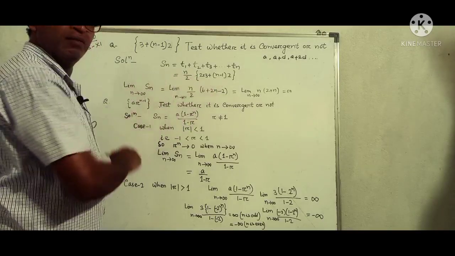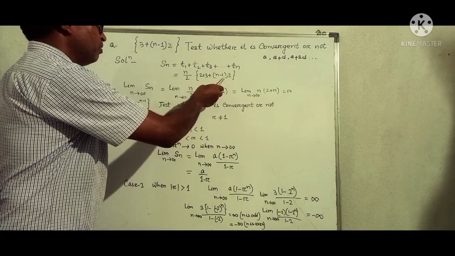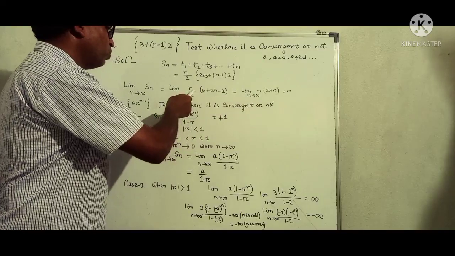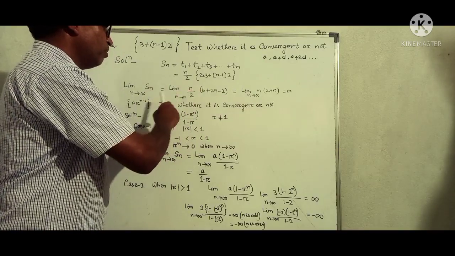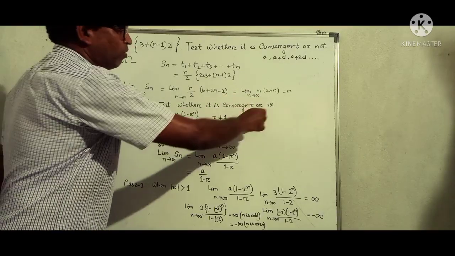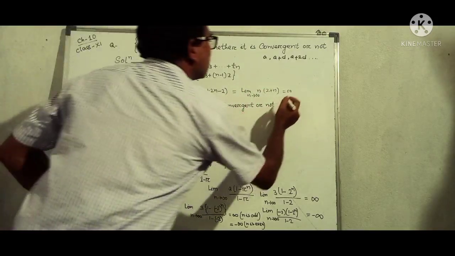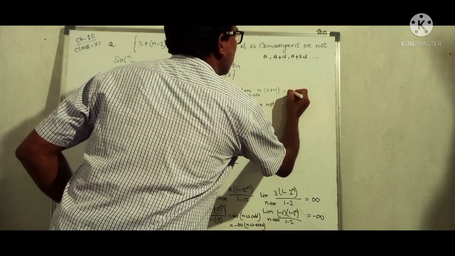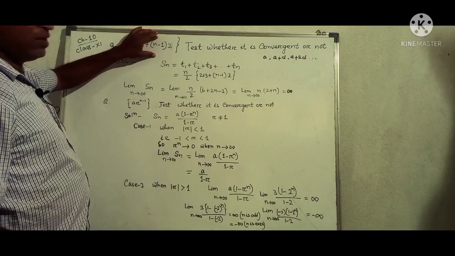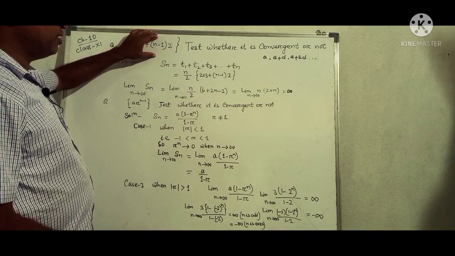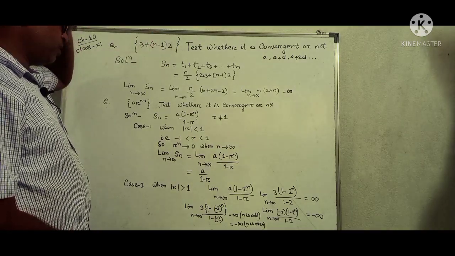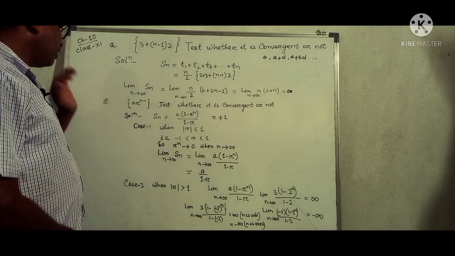Multiplying by the distribution law, cancelling 2 and taking 2 common, that is equal to the limit of n into (2 plus n) as n tends to infinity, that will be infinity. So this sequence is not a convergent sequence, it is a divergent sequence.